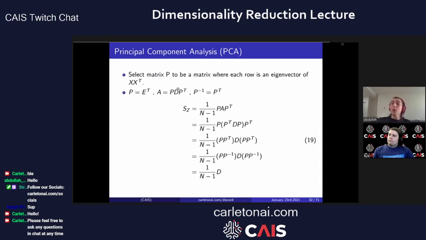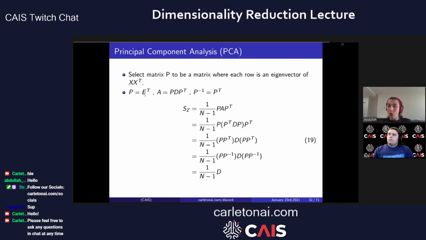So we would like to select matrix P such that it diagonalizes X multiplied with itself, XX^T, right? So if we say P is equal to E^T, which means we set our transformation matrix equal to the eigenvectors of the covariance matrix, then we know that the covariance matrix can be diagonalized by multiplying with the eigenvectors, the eigenvalues, and the eigenvectors again.